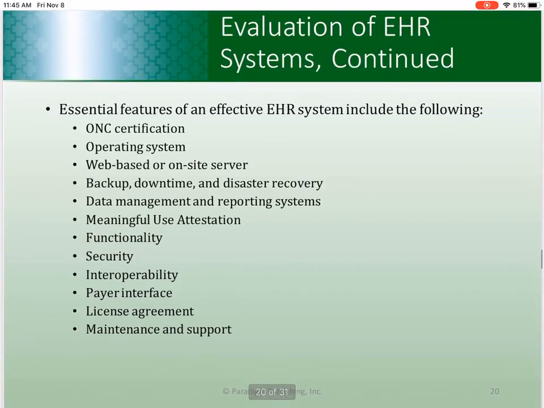Now, features of an EHR system include your ONC certification, operating system, web-based or on-site servers, backup, downtime, and disaster recovery, data management and reporting systems, meaningful use attestation, functionality, security, interoperability, payer interface, license agreement, and maintenance and support.